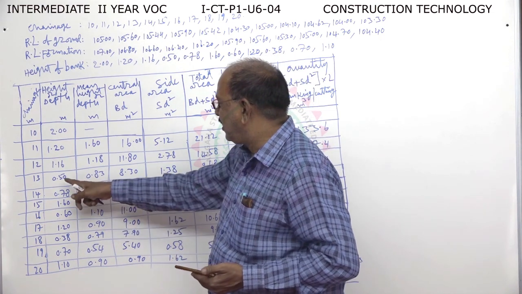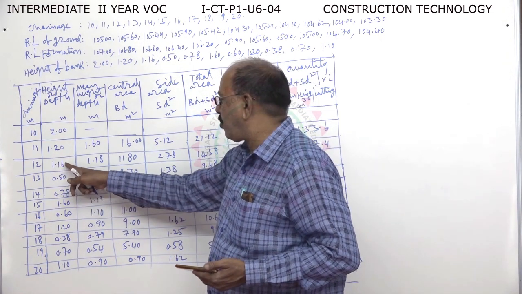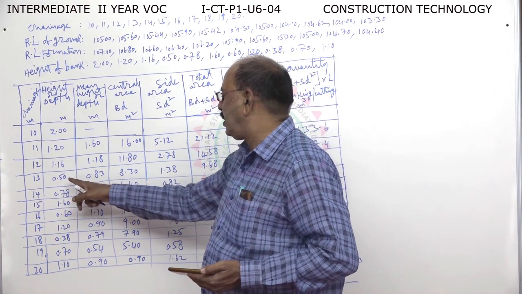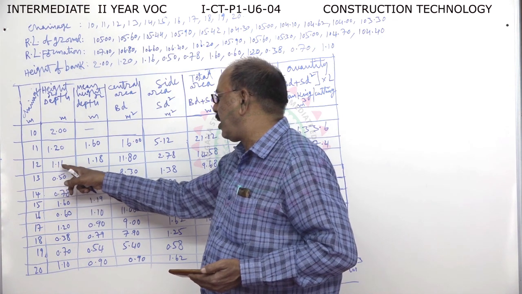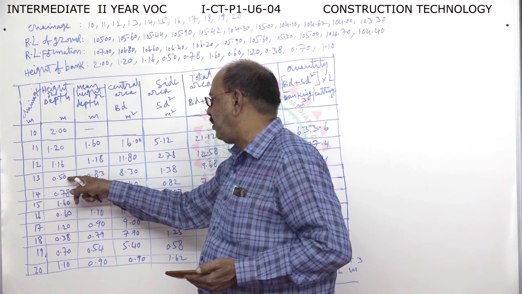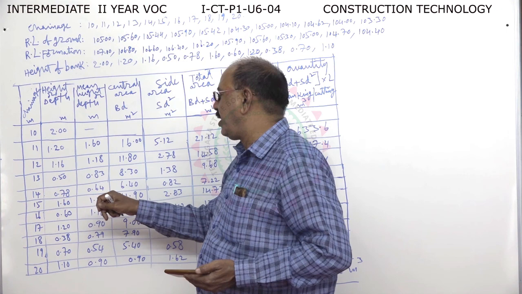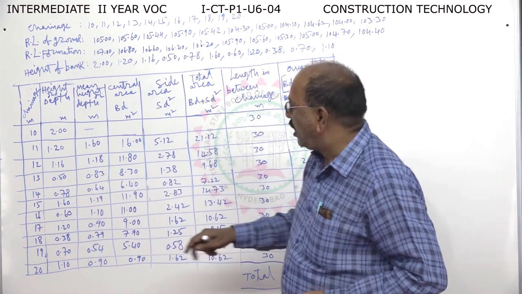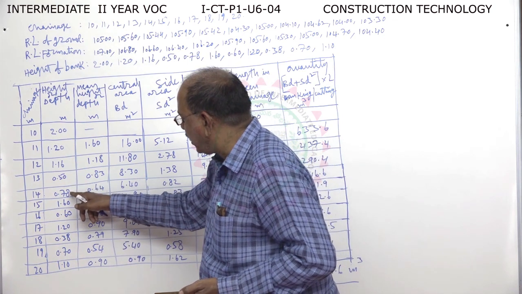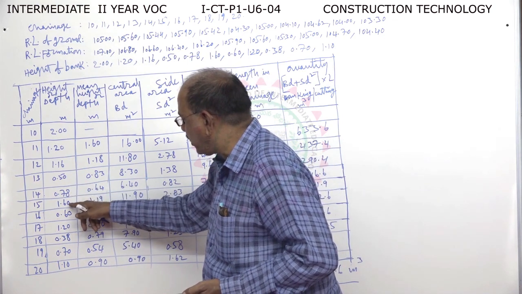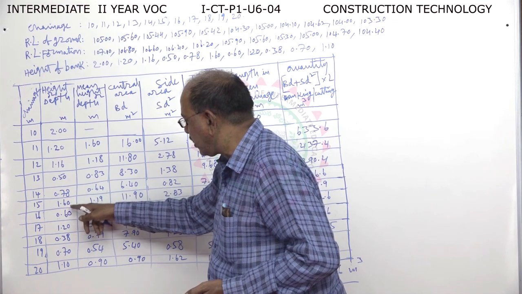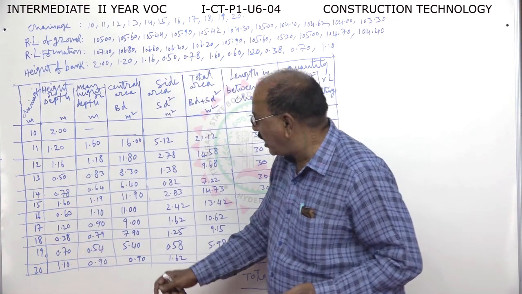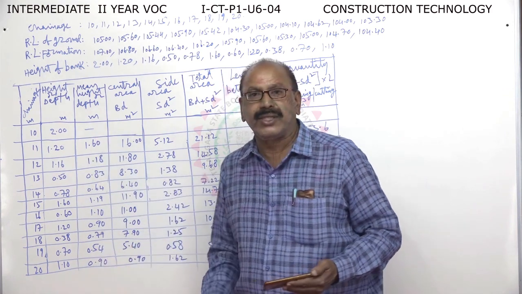Like that, this plus this. 1.16 plus 0.50 divided by 2 gives the value 0.83. Like that, this plus this divided by 2 gives this value. This plus this divided by 2 gives this value. Like that you go on up to the 20th chainage. You will get all these values, students.